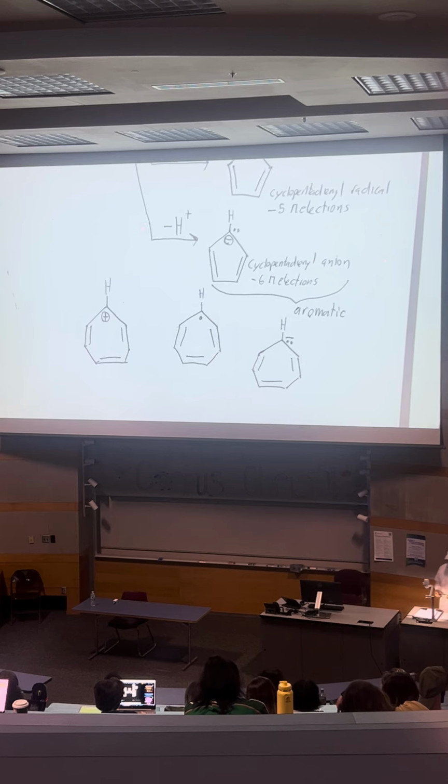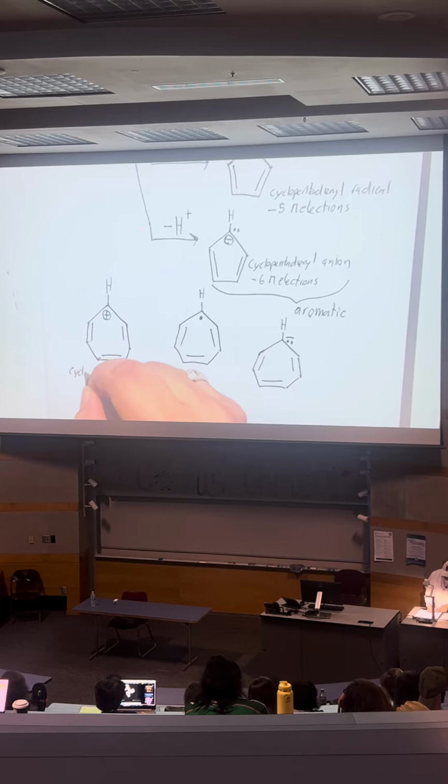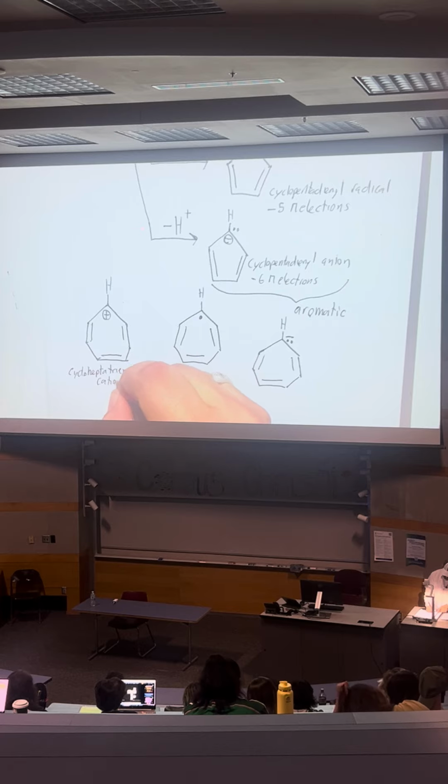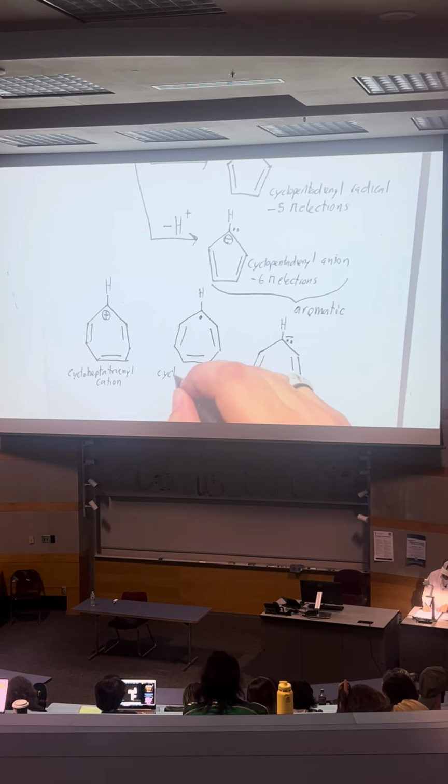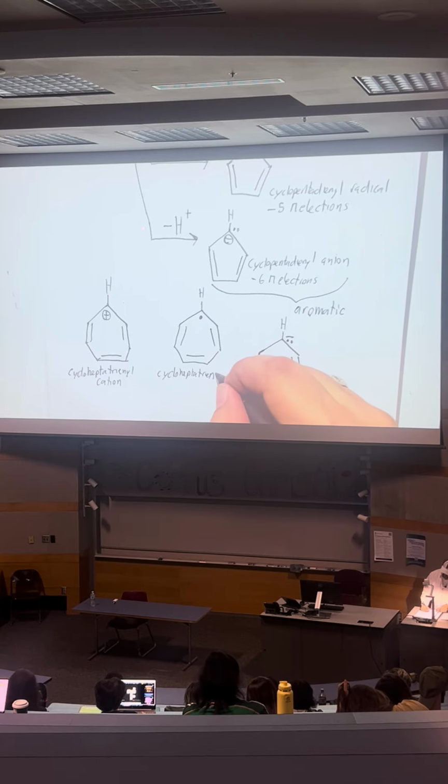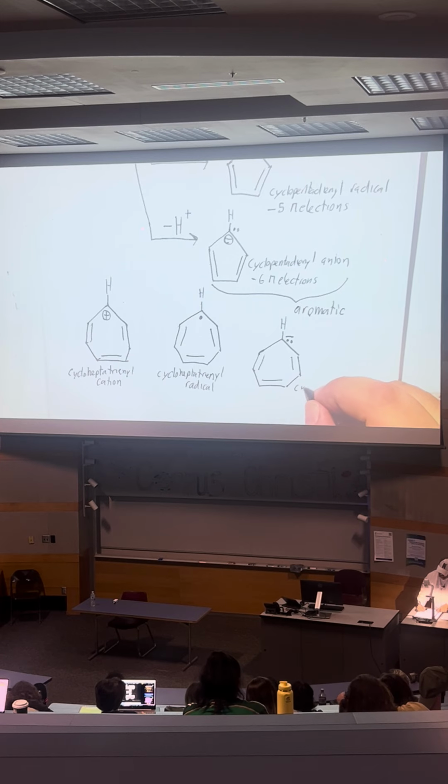Here are the three. So the first one is the cycloheptatrienyl cation. And we have the cycloheptatrienyl radical. And then here we have the cycloheptatrienyl anion.